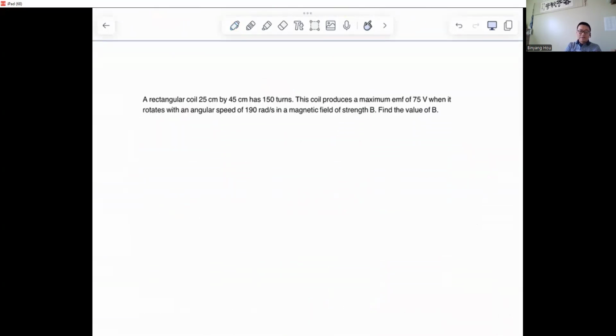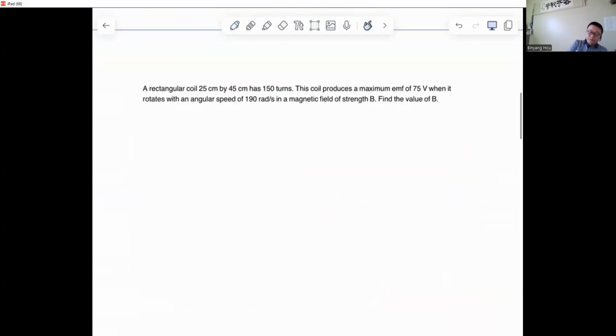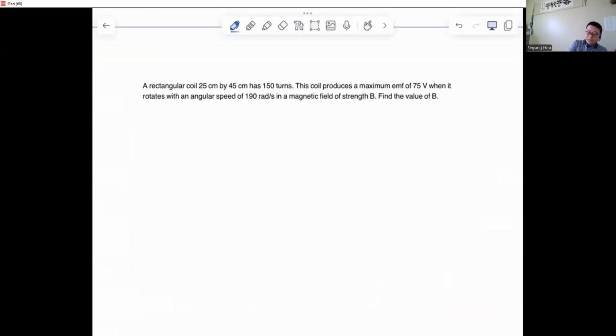So we can first calculate the area, right? The area will be the width times the height. So A will be 25 times 10 to the minus 2 meters, times 45 times 10 to the minus 2 meters, and you can calculate that.